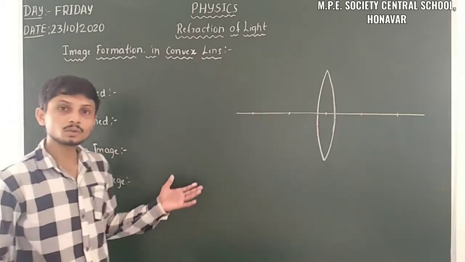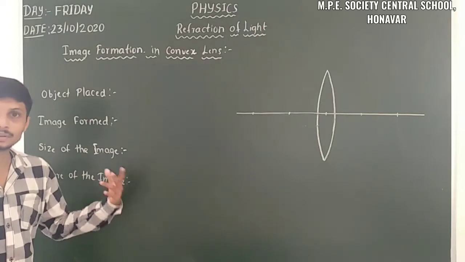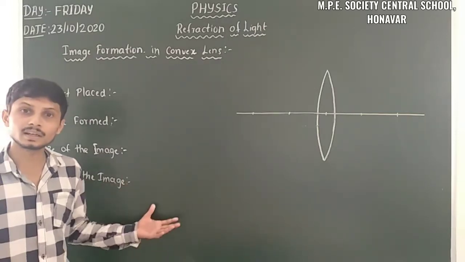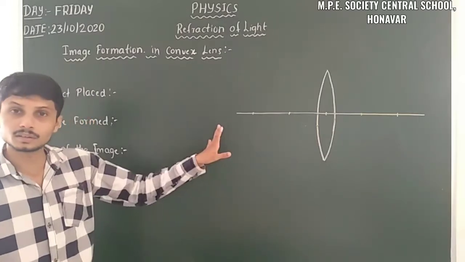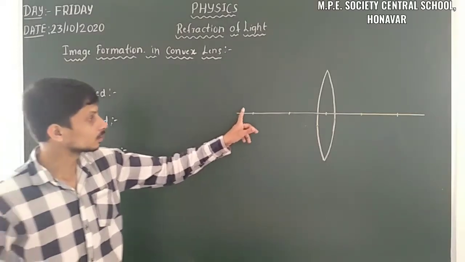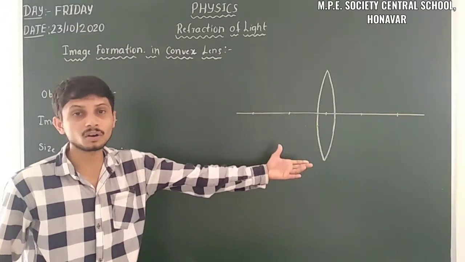Yes, I think you know what the possible natures of the images are. There we are taking real and inverted, real and erect, virtual and erect, like that. So briefly I will tell you here. Real means the rays are not extended.